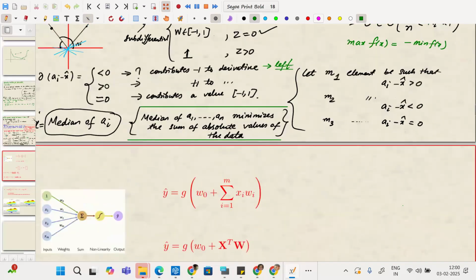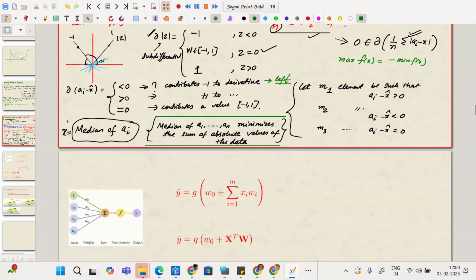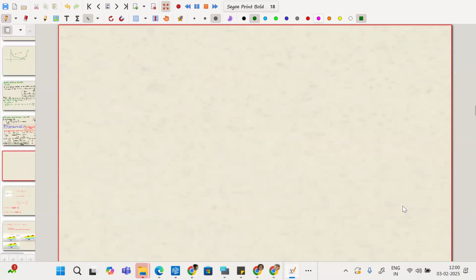But before that, let me explain one more concept, one more visualization. I want your attention to be here. After that, we will move to Newton-Raphson. In this slide particularly, whatever I am going to talk about might seem abstract, but here you will learn the power of the gradient.